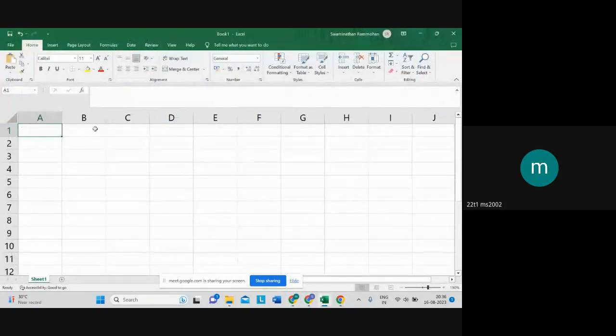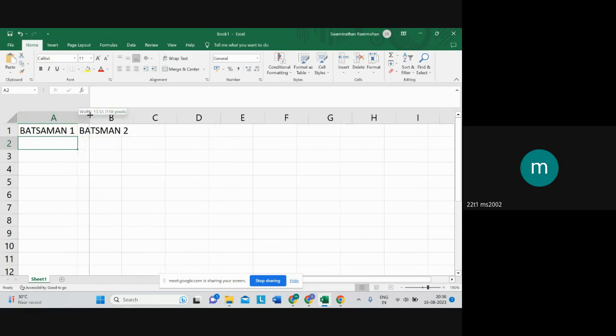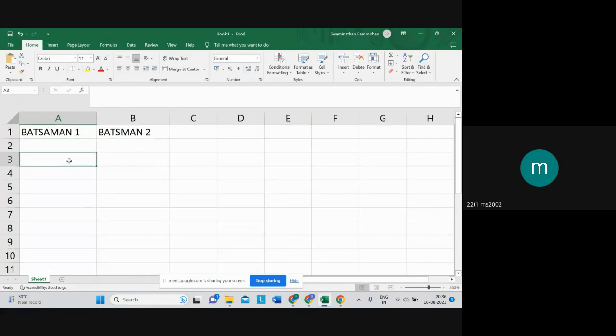Got it. So let us take two batsmen, batsman 1 and batsman 2. Since my handwriting is so bad, I prefer doing it on Excel or PowerPoint. If you want to compare two batsmen, it could be Virat Kohli and Sachin Tendulkar, or classical test batsmen like Steven Smith and Brian Lara.